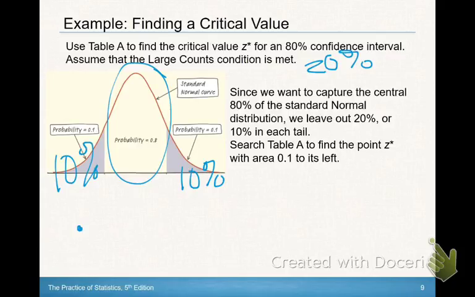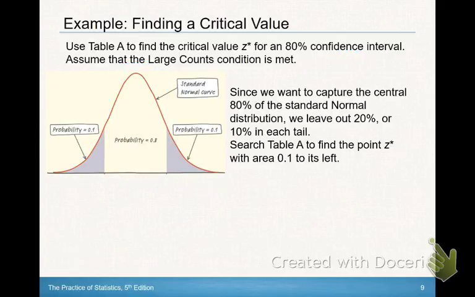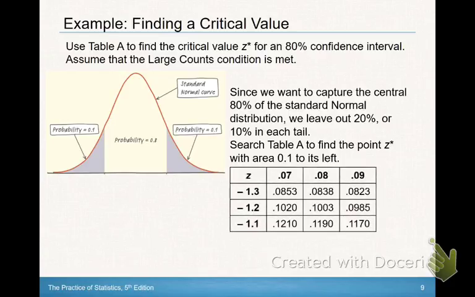So we go in the back of our book to table A and we look for 0.1. What z corresponds to 0.1? When we look for that in the sample table, it looks like it's closest to negative 1.28 right here.